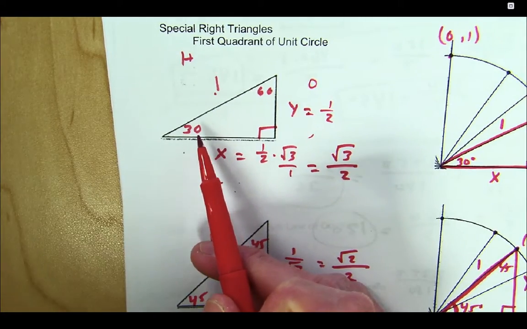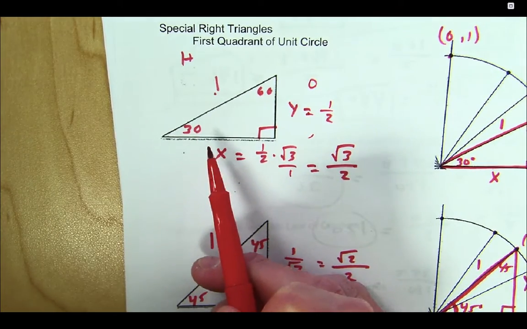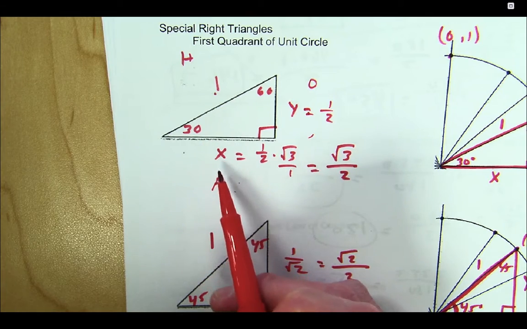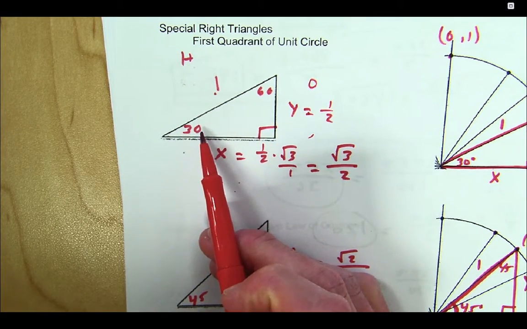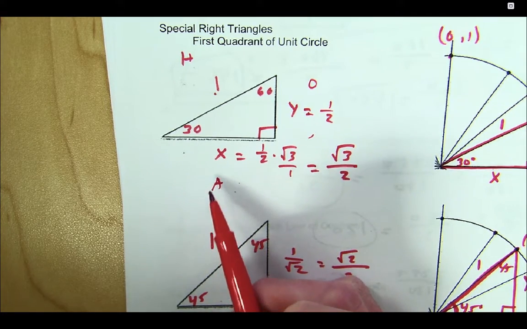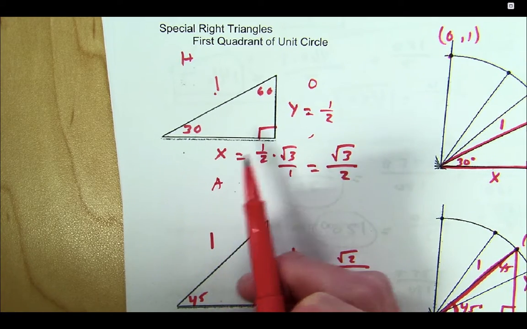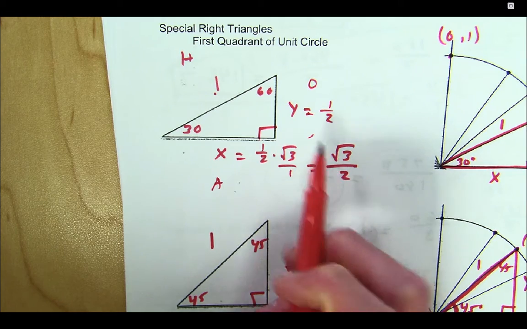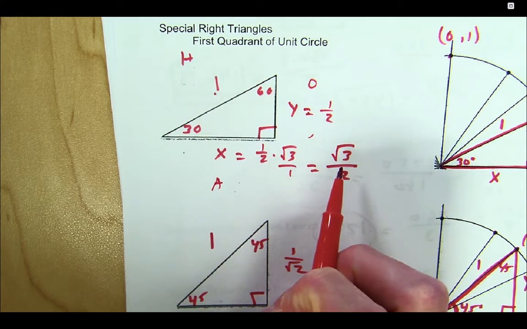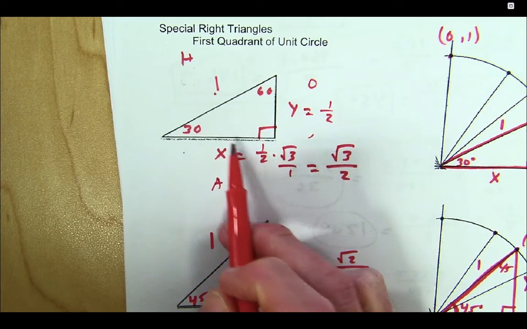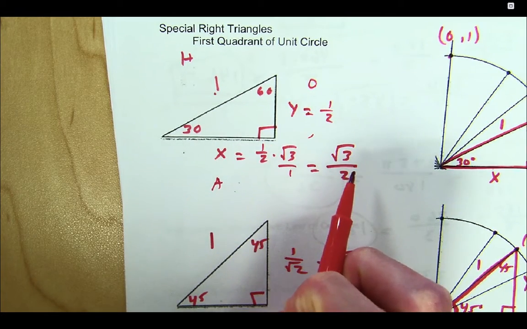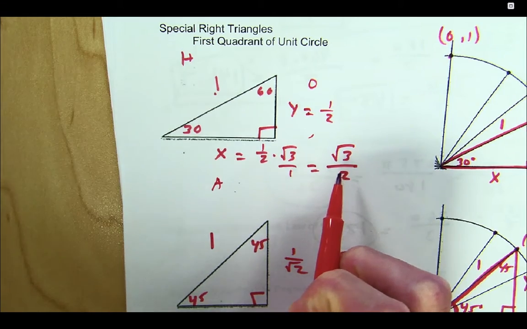And if you think about cosine, remember, it is A over H. So the cosine of 30 is this over this, root 3 over 2 over 1. Well, anything over 1 is just itself. So the cosine of 30 is root 3 over 2.